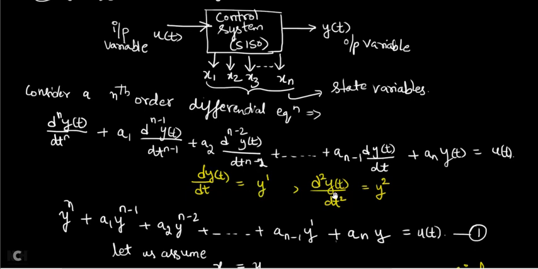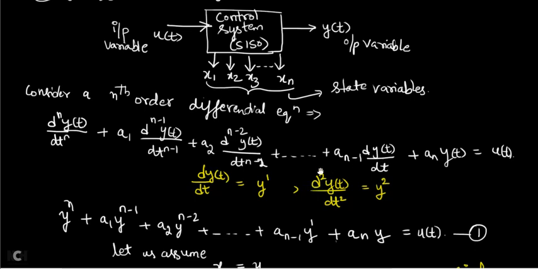Wherever d square y of t by dt square is there, I am going to write it as y double dash, that is, y power 2. Please understand, this is not y square, it is y power 2, double dash. Y power 2 is not y square, remember, it is double differentiation of y.